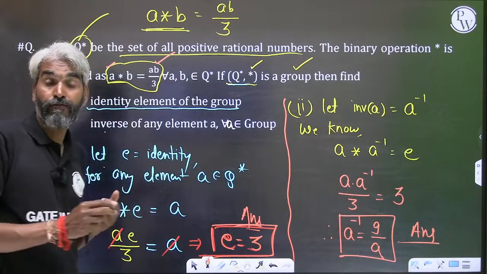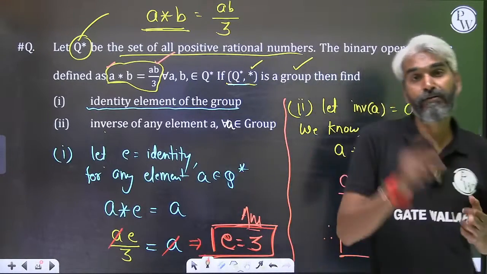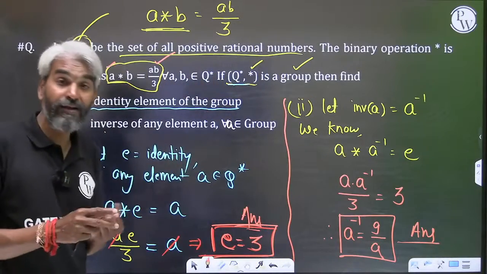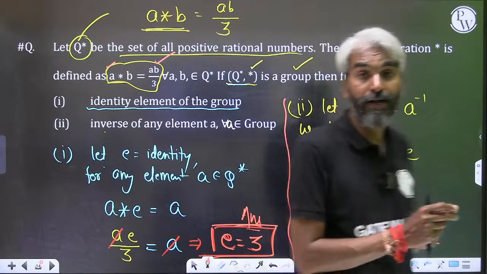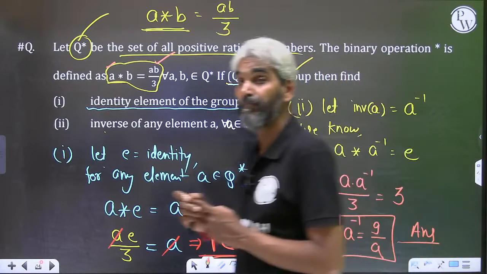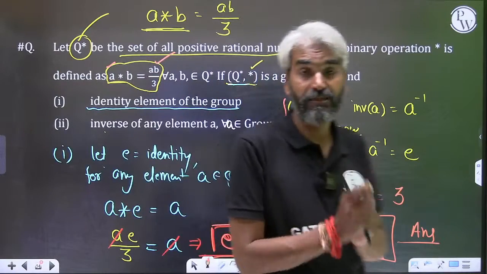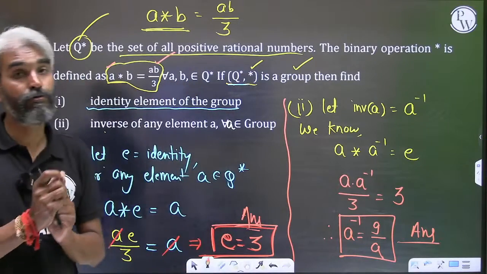Similarly, for a semigroup to become a monoid, the identity element with respect to the binary operation must be present in the set. Now, when exactly will the monoid become a group? A monoid will become a group when for every element of the set, the inverse with respect to the binary operation asterisk is also present in the set. Then it will be called a group.